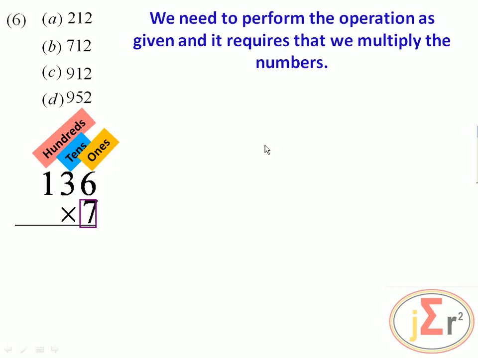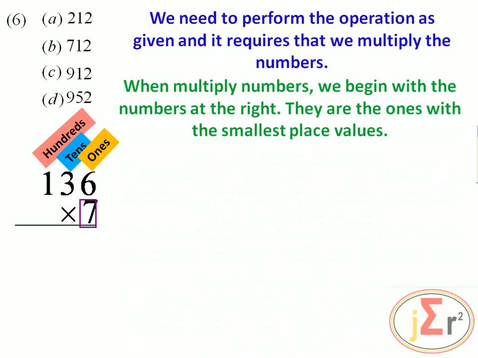So how do we multiply? On this occasion, we are also including the place values of the digits. When multiplying numbers, we begin with the numbers at the right. They are the ones with the smallest place values, the digits of least significance.